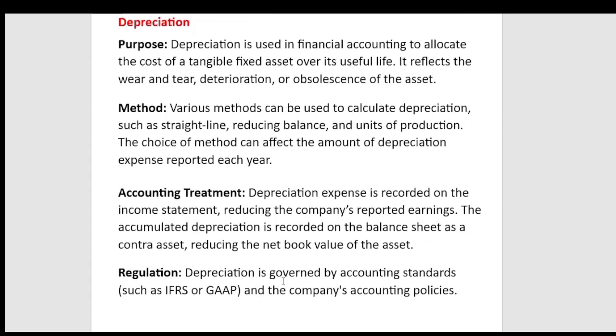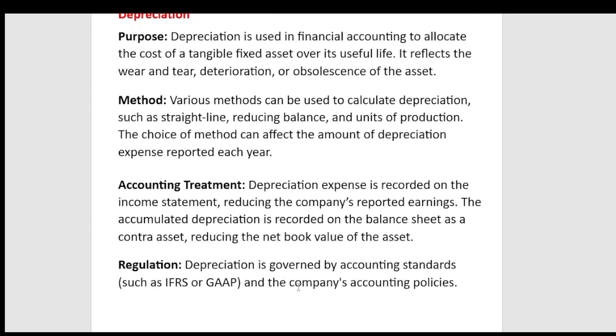Now let's take a look at the regulation. Depreciation is governed by accounting standards such as IFRS or GAAP and the company's accounting policy: International Financial Reporting Standards or Generally Accepted Accounting Principles. These are the regulations that guide depreciation. It is from this standard that depreciation emanated.